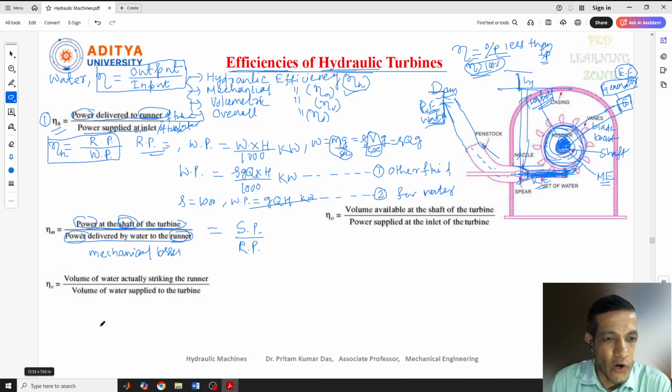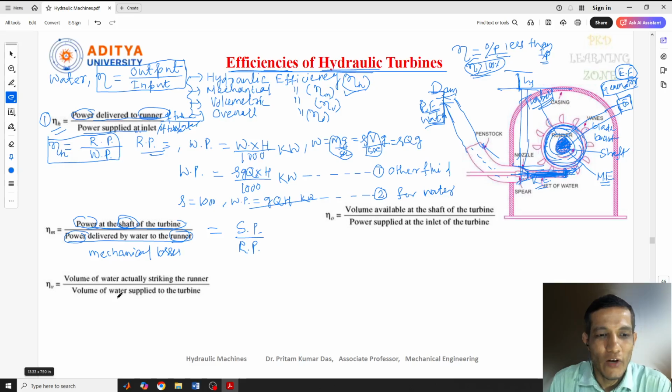Now the next one is volumetric efficiency. The volumetric efficiency is nothing but the volume of water striking the runner of a turbine, which is slightly less than the volume of water supplied at the turbine.